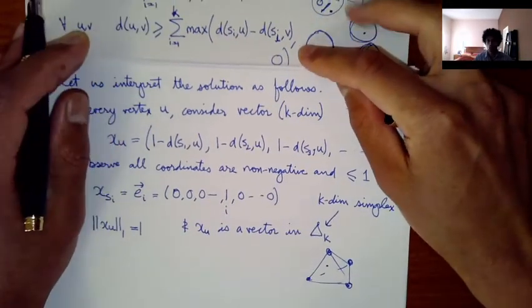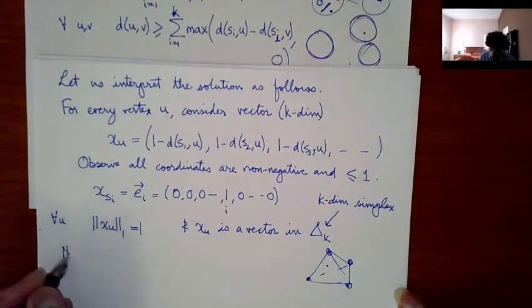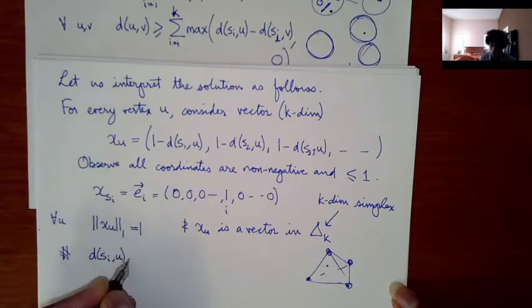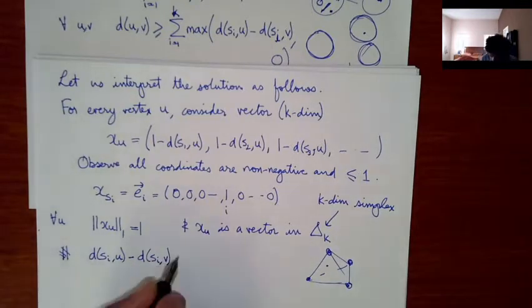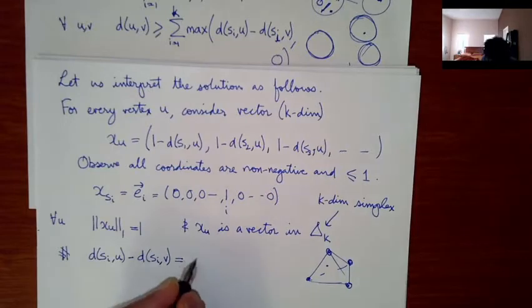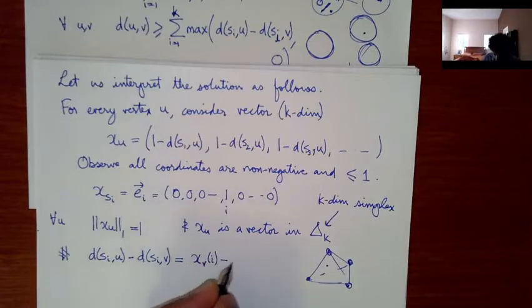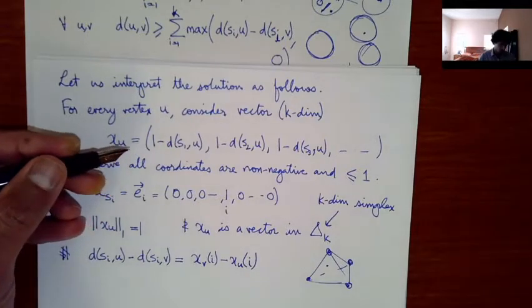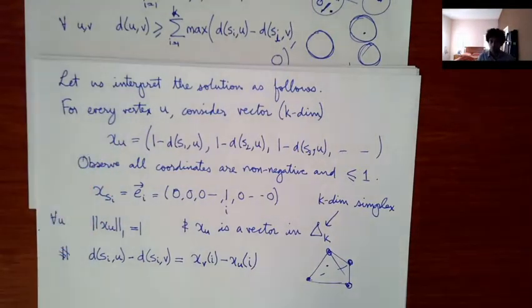So observe the following. d(S_i, u) minus d(S_i, v) is exactly equal to x_v's ith coordinate minus x_u's ith coordinate, right? Because that's how I set these vectors up.